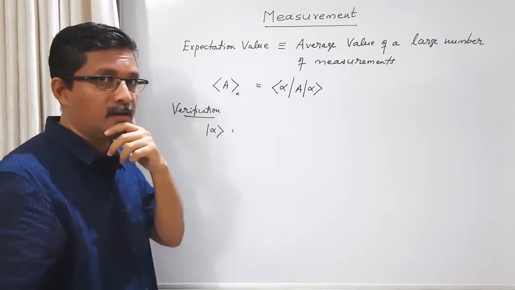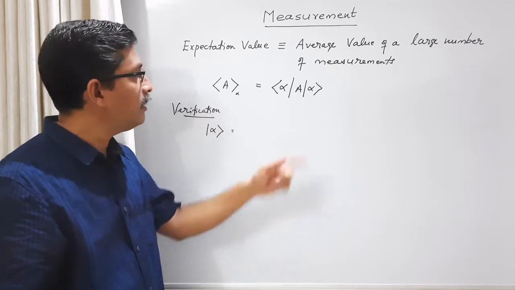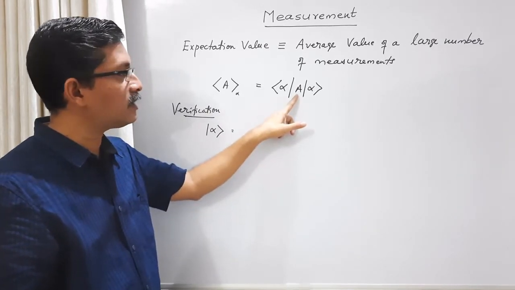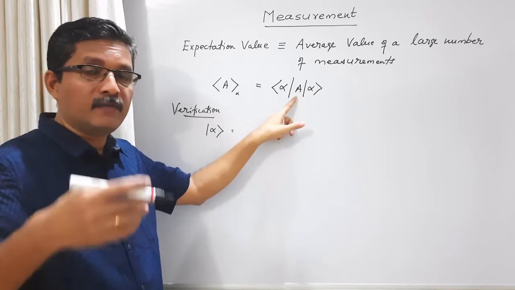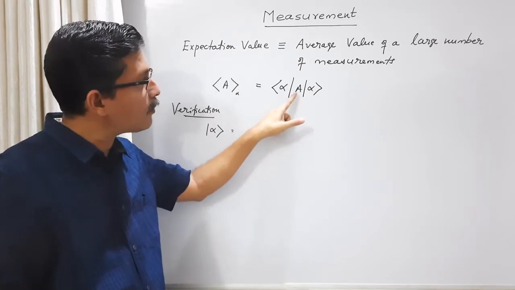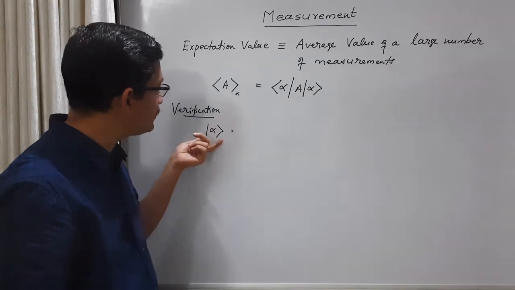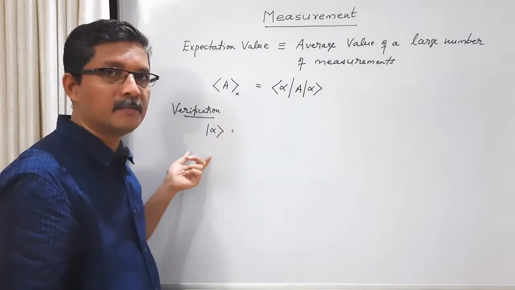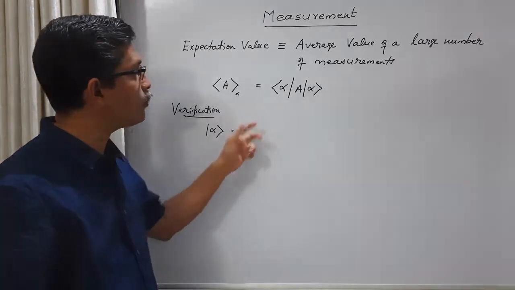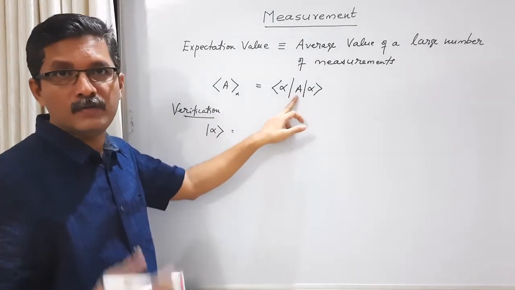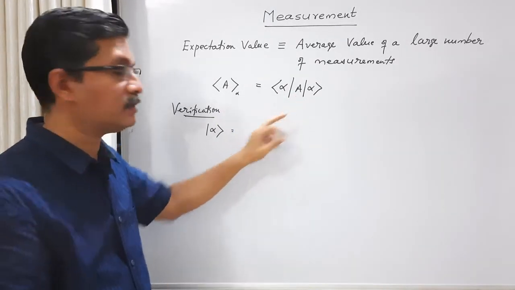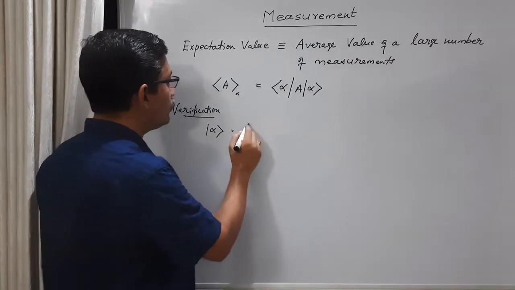Okay, so we know that this ket alpha can be expanded in terms of base kets. Which base kets are we choosing? If we want to measure this operator A, physical quantity A, then we choose the eigenkets of this operator A as the base kets. And we expand this general state ket alpha in terms of the eigenkets of the physical quantity being measured. So how do you expand it?